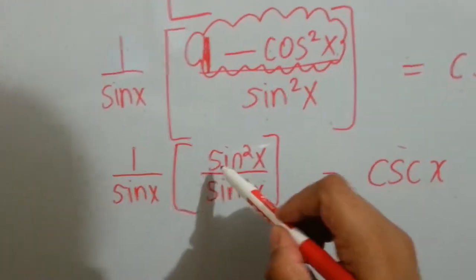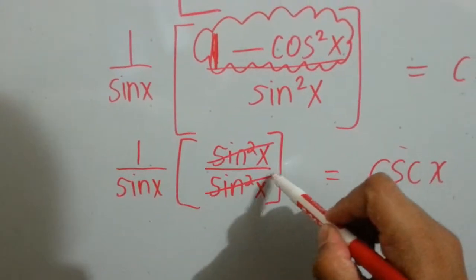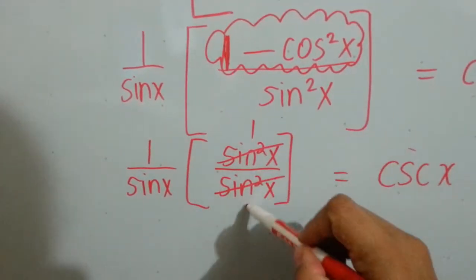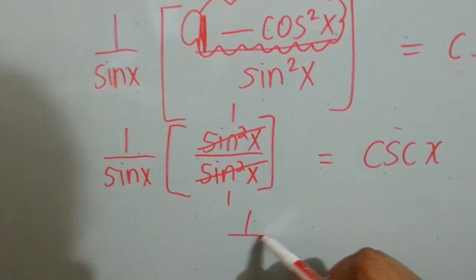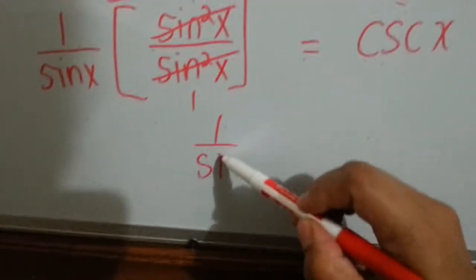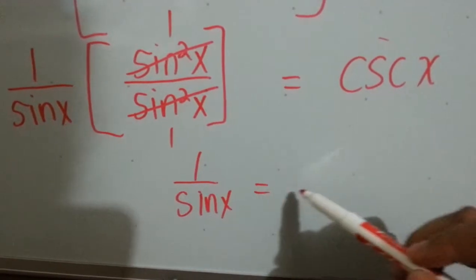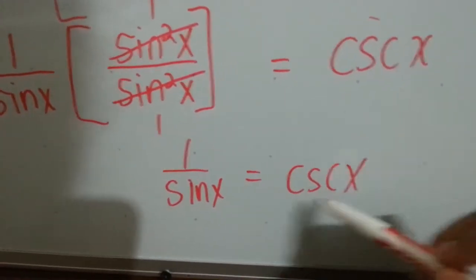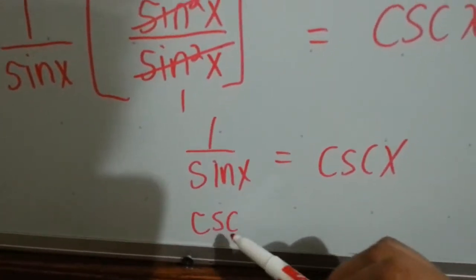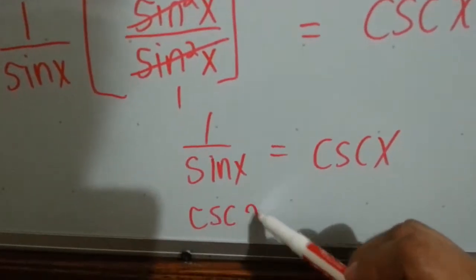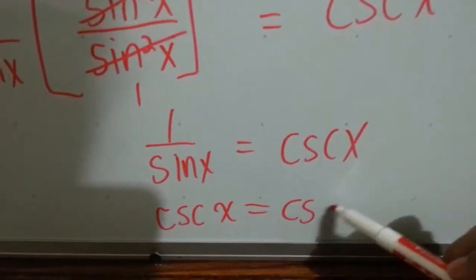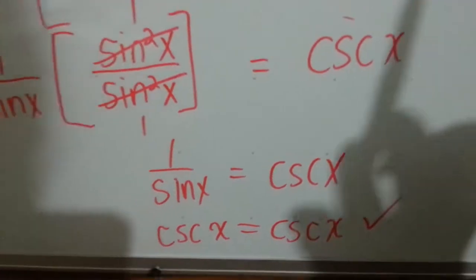And look at what happens here. They cancel, so it becomes a 1. So you have 1 over sine x equals cosecant x. And yes, 1 over sine x is cosecant x, and cosecant x equals cosecant x. There you go. We have proved it.